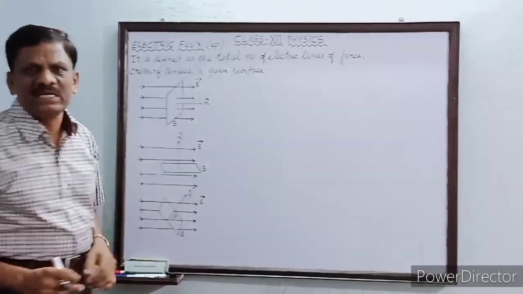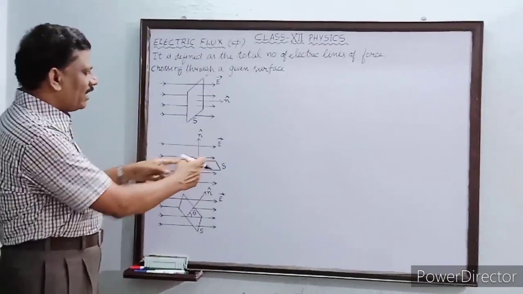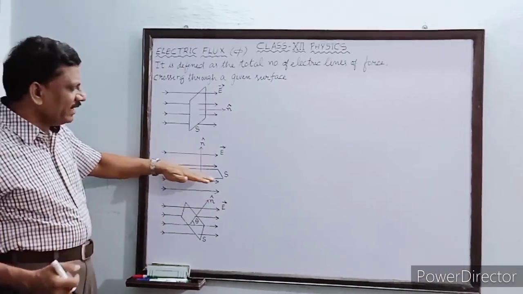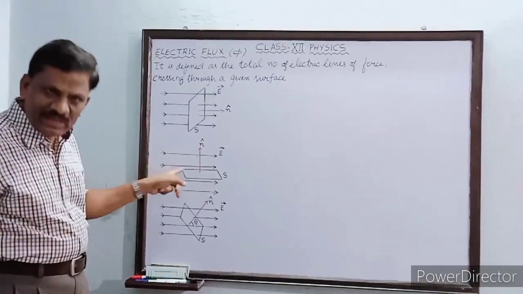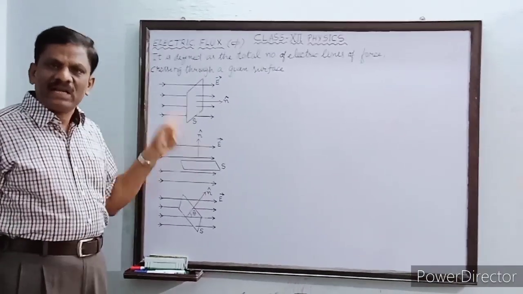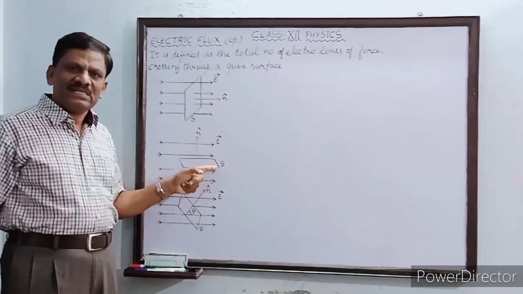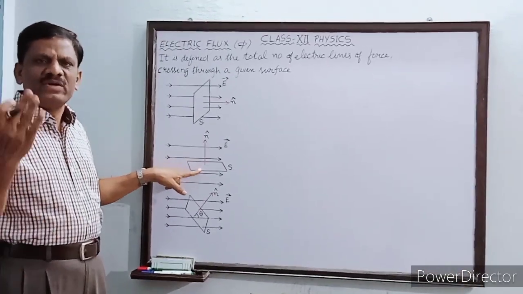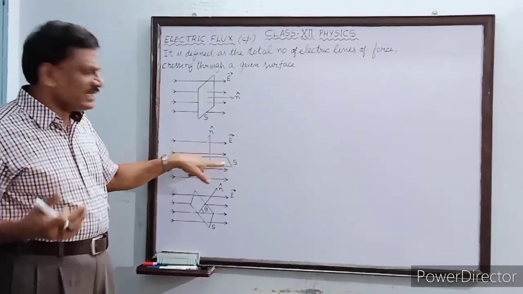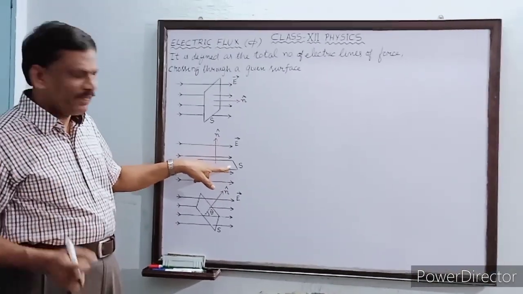Now in the second picture, you tell me, if the cardboard sheet is held in this position, will even a single arrow pierce through the sheet? It will not pierce through the sheet because the sheet is held parallel. In this position, there is no arrow passing through the sheet. It is zero.